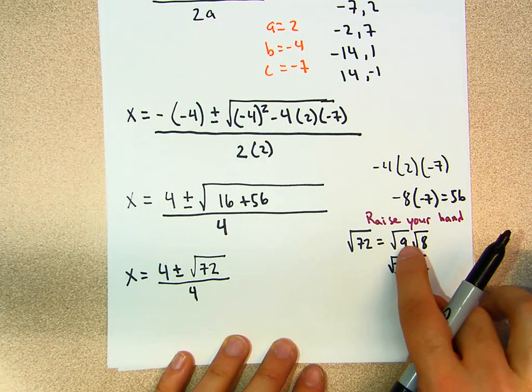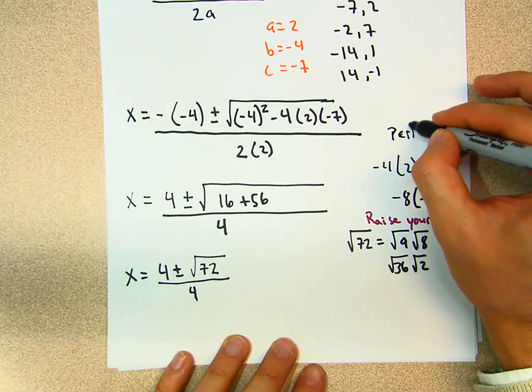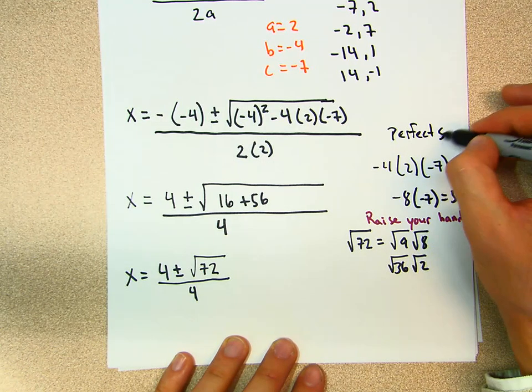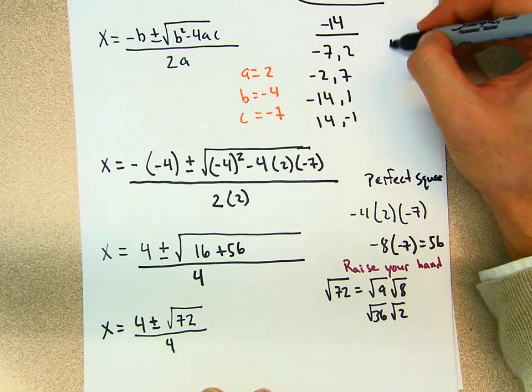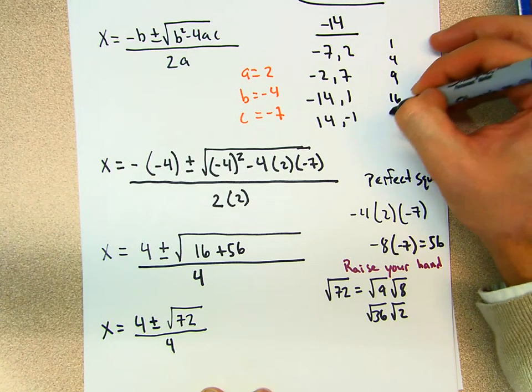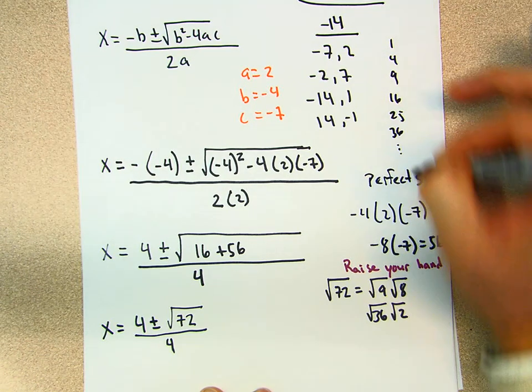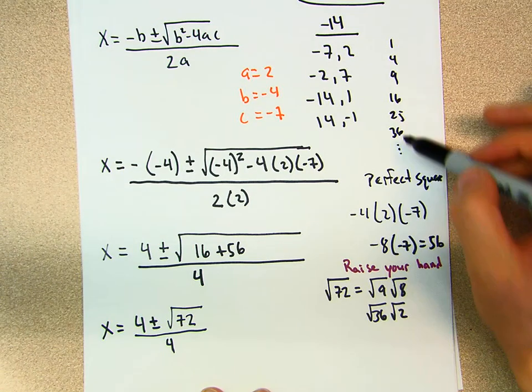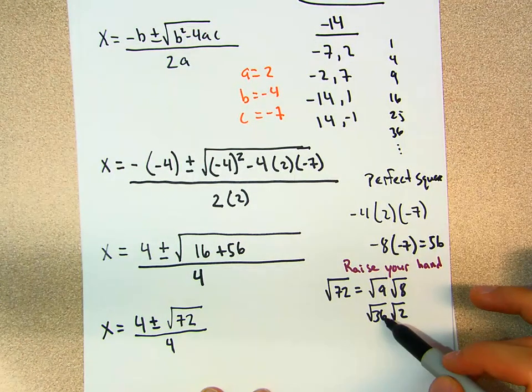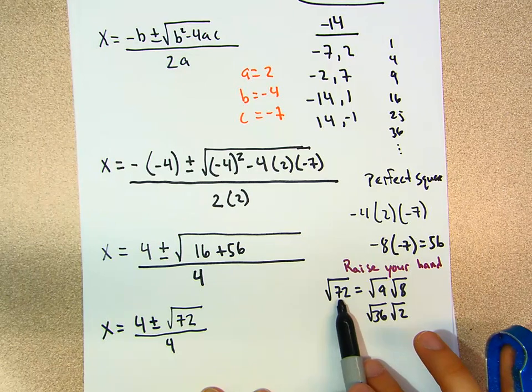And notice that 9 is a perfect square, right? What are my perfect squares? My perfect squares are like 1, 4, 9, 16, 25, 36, right? These are my perfect squares. Notice that 9 is a perfect square, but 36 is the biggest perfect square that goes into 72.